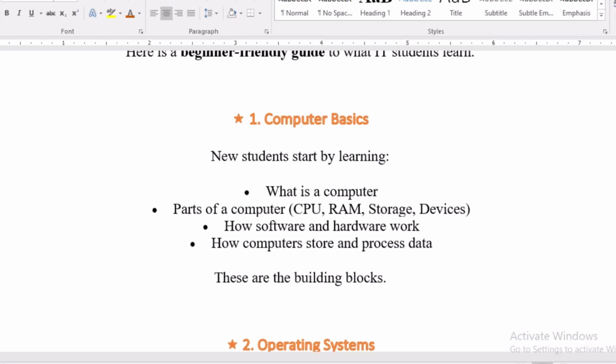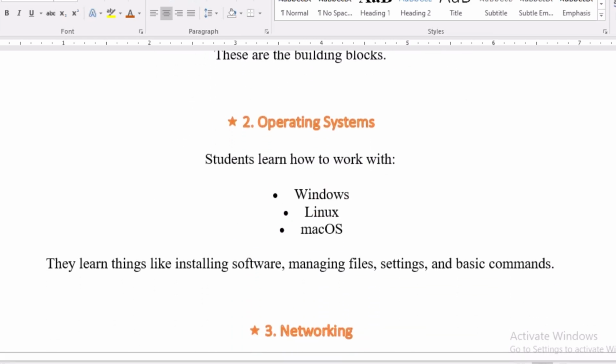These are building blocks. Operating system. Students learn how to work with Windows, Linux, macOS. They learn things like installing software, managing file systems, and basic commands.